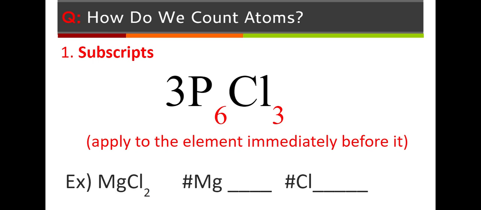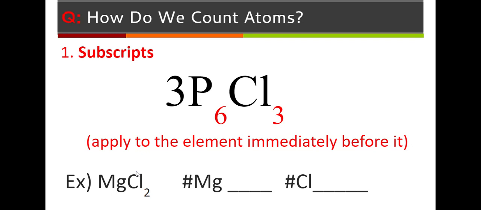So in this example, phosphorus, or P, has a subscript of 6 and chlorine's subscript is 3. Okay? So that means that I have 3 atoms of chlorine, but I don't have 3 atoms of phosphorus. I have 6 atoms of phosphorus in this example. And that's only half right. We'll talk about why later on.